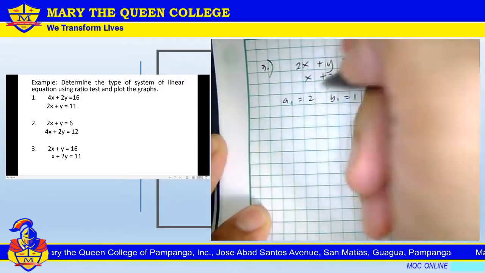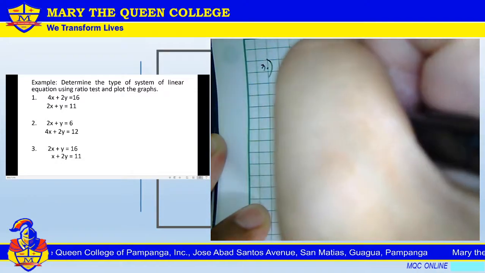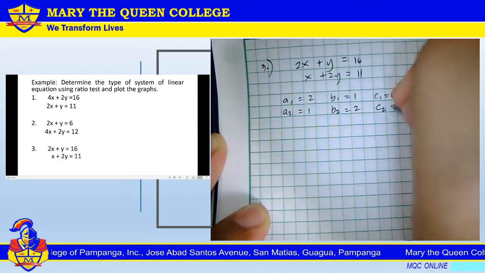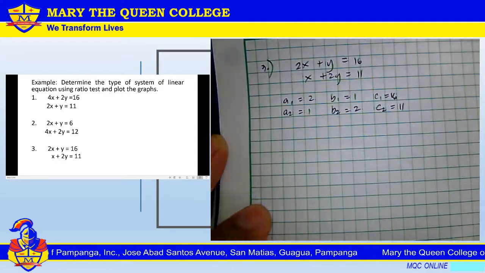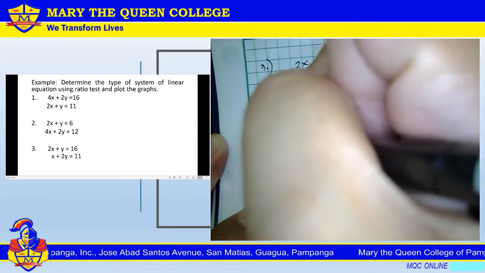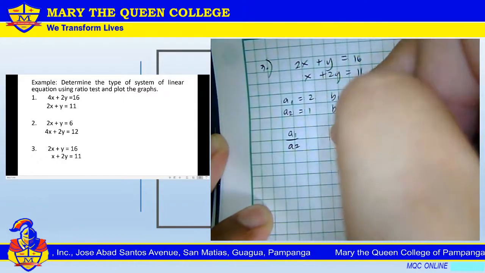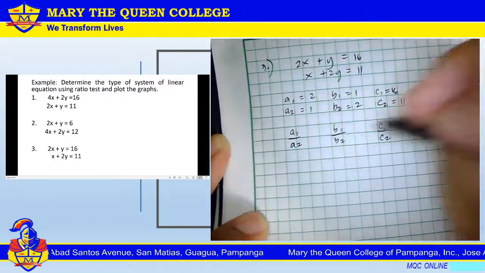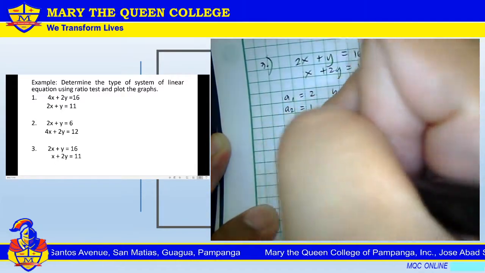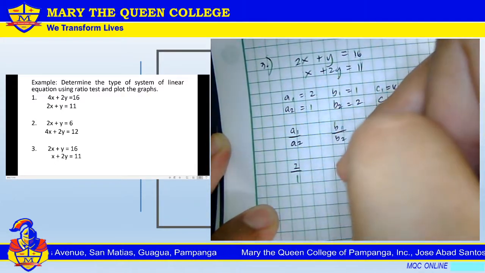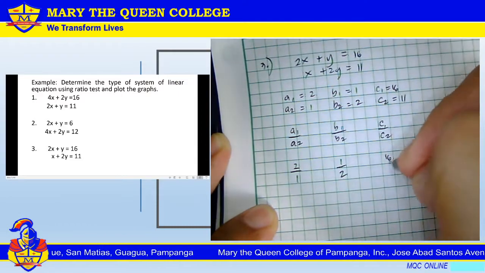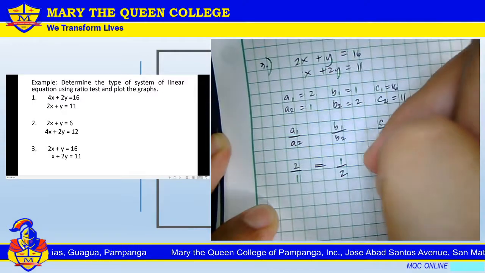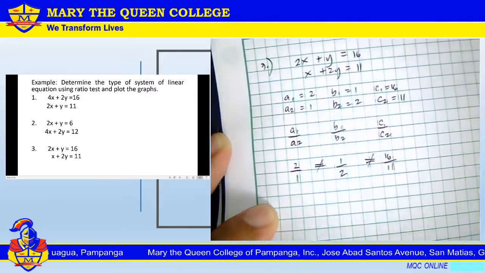Then we have a sub 2 is equal to 1, b sub 2 is equal to 2, c sub 2 is equal to 11. So we have a sub 1 over a sub 2, b sub 1 over b sub 2, c sub 1 over c sub 2. Substituting our values, we have 2 over 1, 1 over 2, 16 over 11, wherein these ratios are not equal.